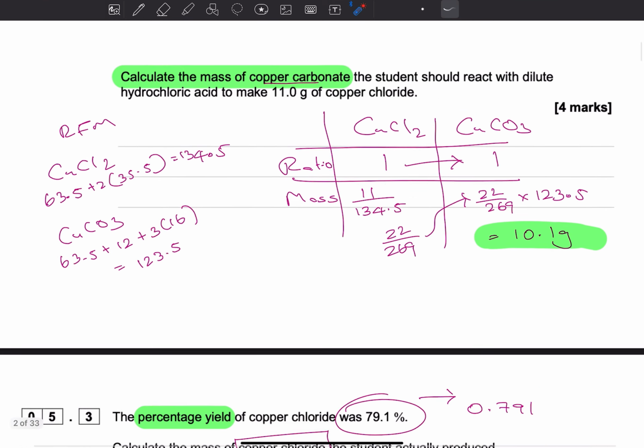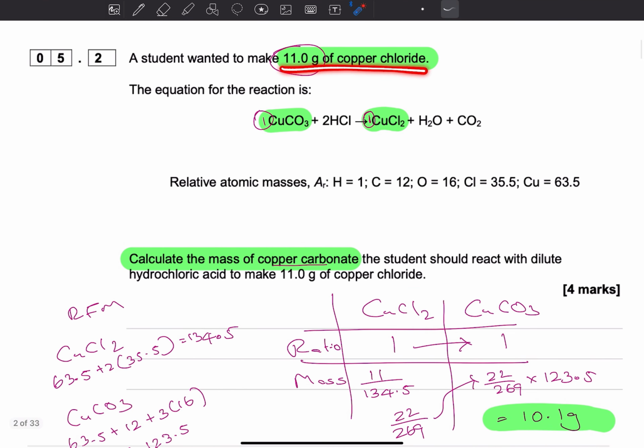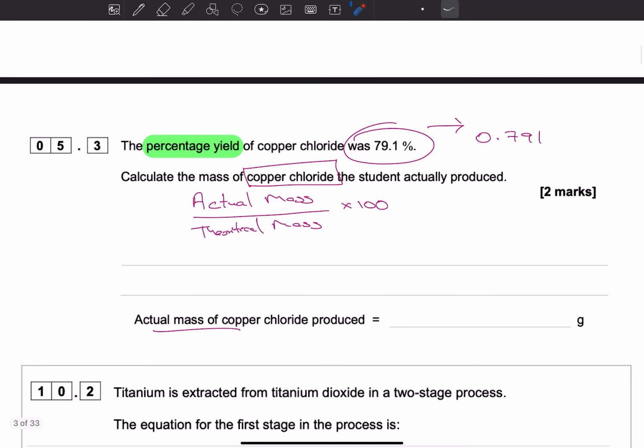Always read the question. The theoretical mass of copper chloride is 11 grams, and they want the actual mass. Now you could either multiply it or divide it. Remember, your actual mass is always smaller. So which makes more sense, to multiply by 0.791 or to divide by 0.791?